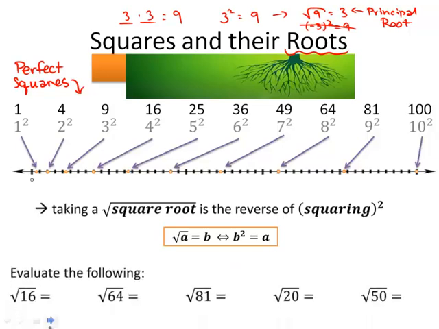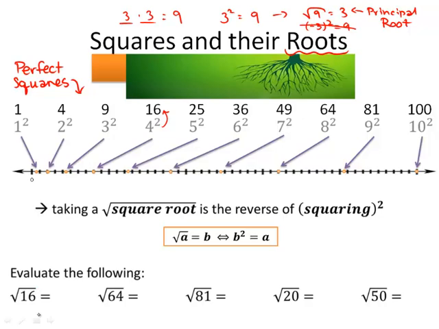So let's use that to find the following roots. When we take the square root of 16, we're asking ourselves, what squared gives us 16? Well, 16 should be recognized as one of the perfect squares. You should become familiar with these numbers because they're going to be helpful in your understanding of where the numbers are being placed.